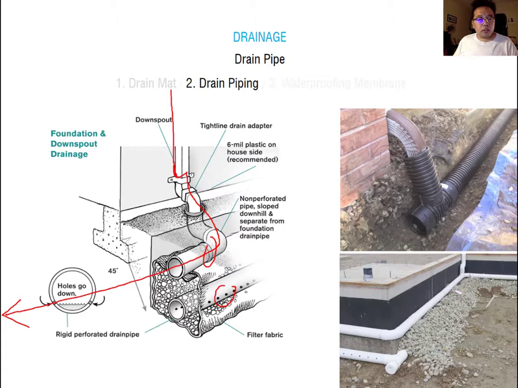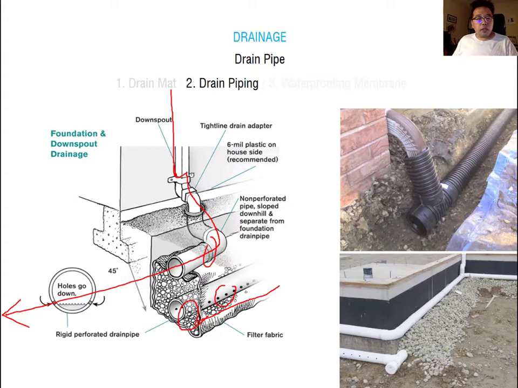However, you can see the drainage pipe here with the perforation. This one actually gets water out of the earth. The earth usually contains lots of moisture, so you have to take that moisture or water out of your foundation. This perforated drainage pipe functions to get the water out of the earth.